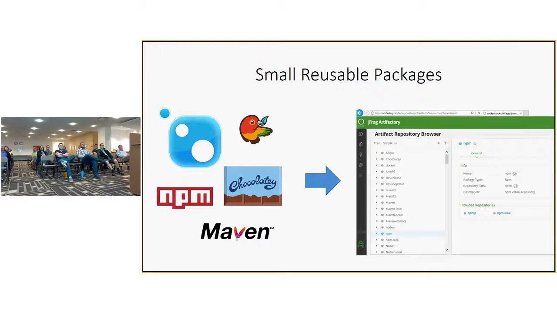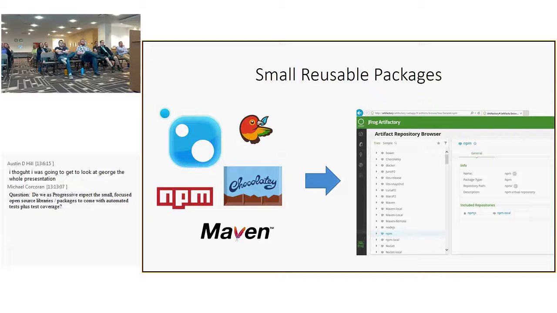We use something called Artifactory, which is kind of like a proxy to using these package managers. And note, package managers are not something new. They've actually been around for a very long time, but with the emergence of open source software development and Progressive's adoption of open source, that world has kind of exploded.